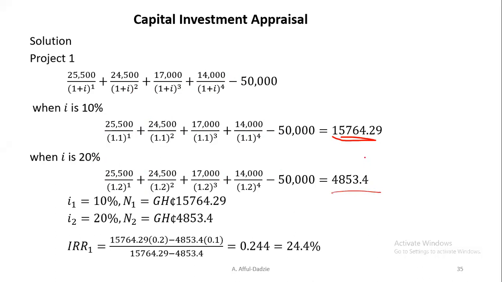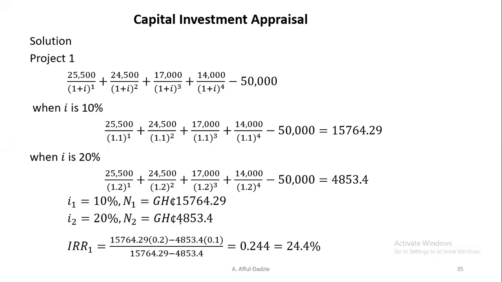So interest rate 1 equals 10%, and interest rate 2 is 20%. At 1, the NPV is this, and at 2, the NPV is 4853.